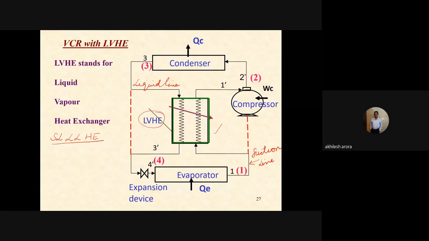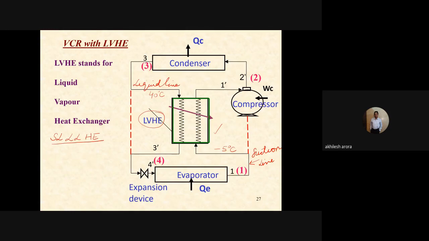So first of all, the temperature after the evaporator could be minus 5 degrees Celsius. Okay, I am considering that the temperature of the refrigerant vapor leaving the evaporator is minus 5 degrees Celsius. Similarly, in the liquid line, the temperature of the refrigerant is somewhere around 40 degrees Celsius. Okay. Now what I have done is I have installed a liquid vapor heat exchanger between the suction line and the liquid line.